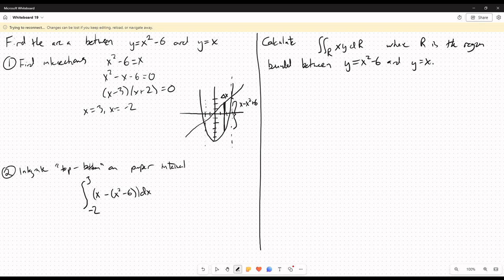And we're essentially going to do the same things. The integrand is just going to be xy. The hard part is going to be finding the bounds. So we'll write that out. The hard part is finding bounds.